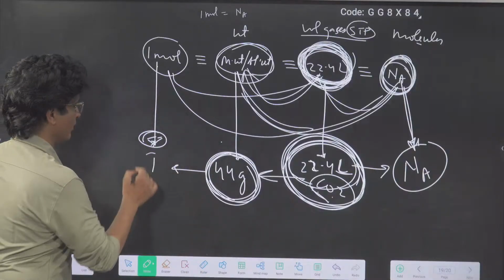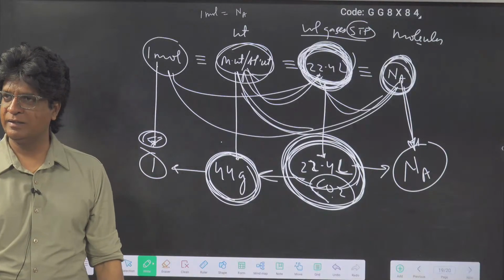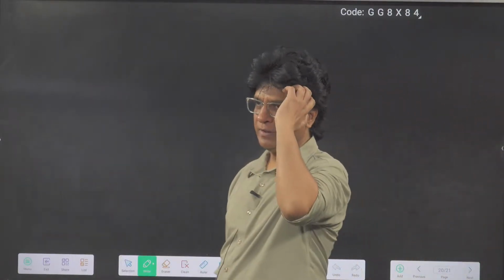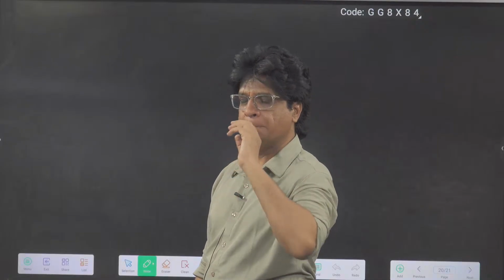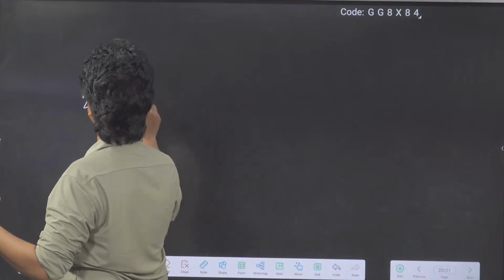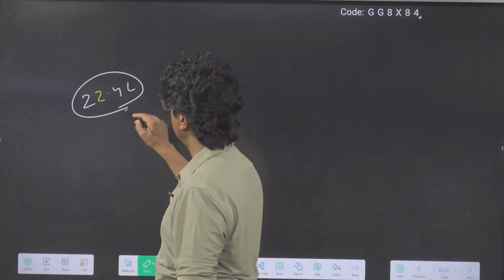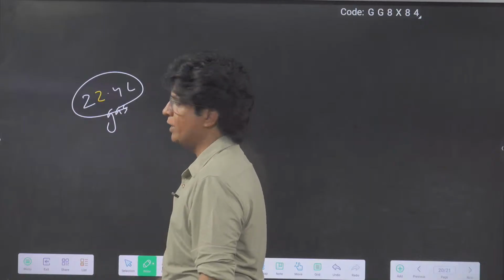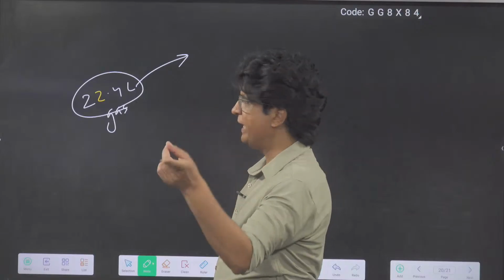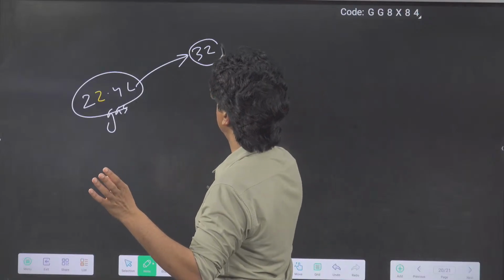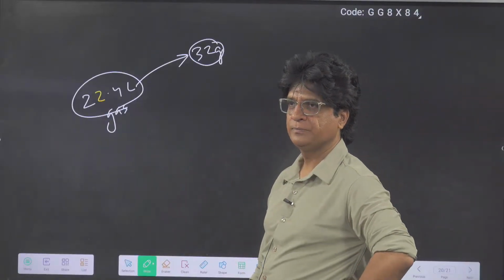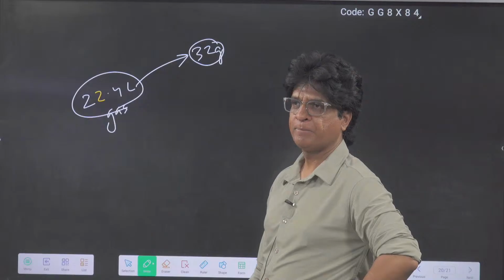1, right? This will be 1 mole, right? Correct. Okay. So that means, acha, if I say that I have taken 22.4 liter of a gas at STP, and its weight is 32 gram, which gas am I talking about?